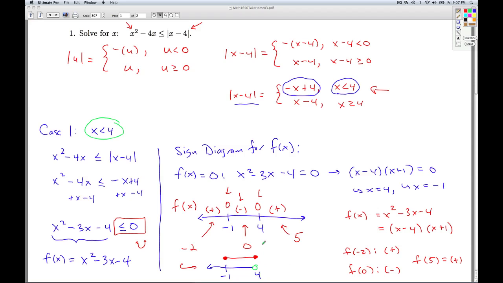And so temporarily, I'm going to have to exclude that endpoint to fit the x's that I'm looking at, x less than 4. Okay, so the case 1 answer is negative 1 including negative 1 to 4 excluding the 4.